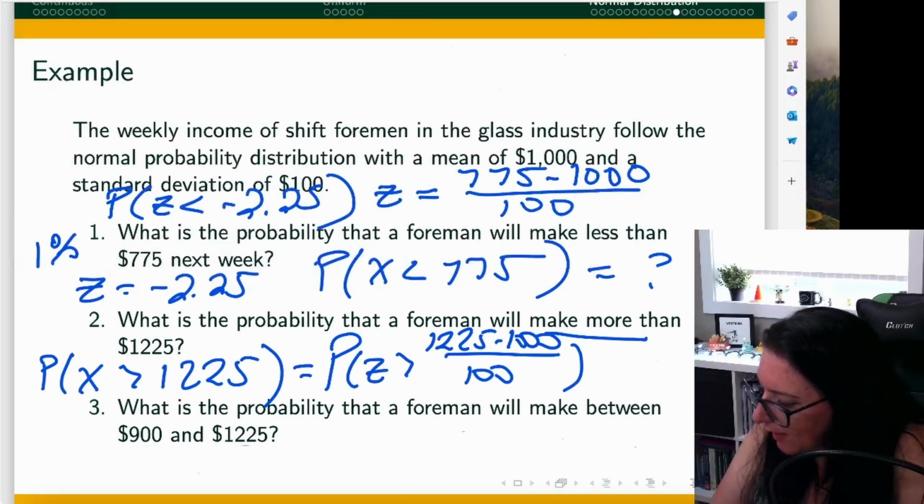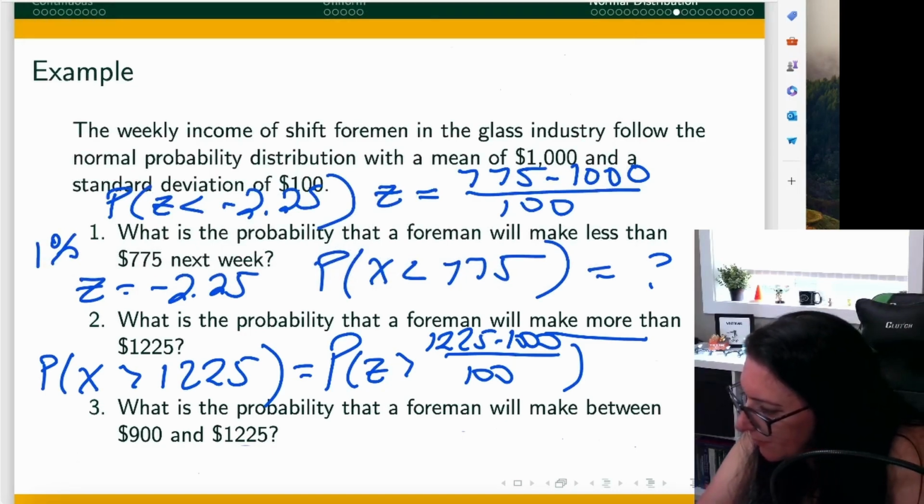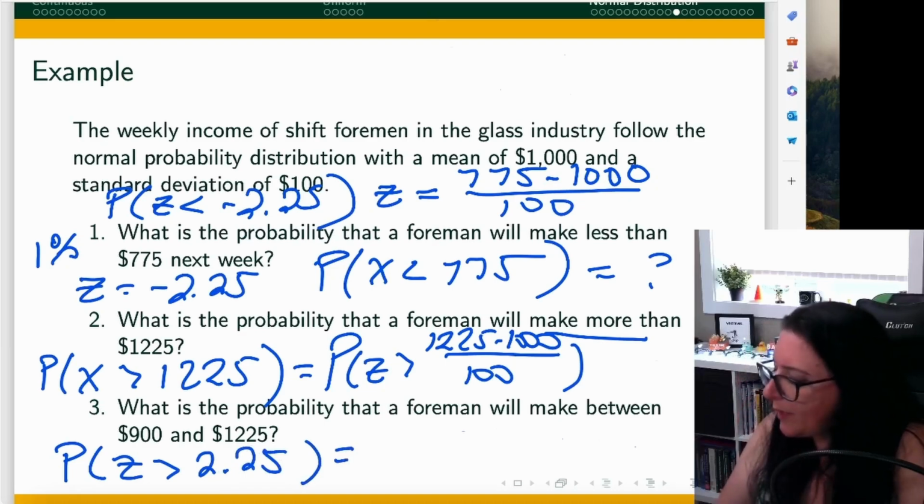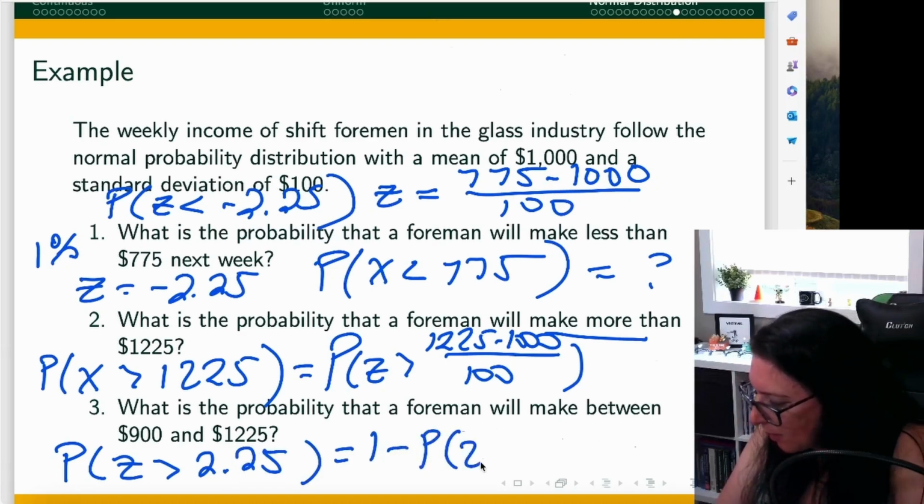So we're looking at the probability that z is greater than 2.25, which is going to be 1 minus the probability z is less than 2.25.